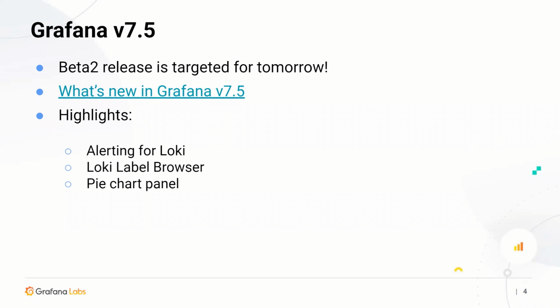Today, I'm going to be talking to you about the latest Grafana release, which is 7.5. Some exciting news, Beta 2 is scheduled for release tomorrow. We already have Beta 1 live. So if you're interested in checking out the new functionalities, you can download the software and play with it.